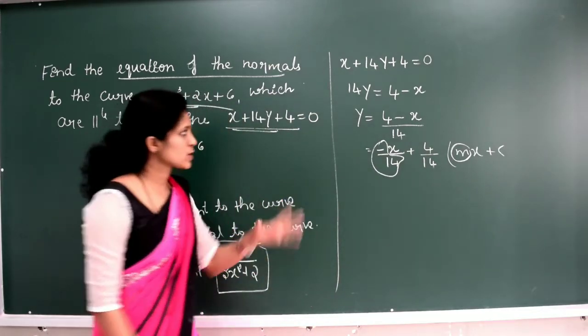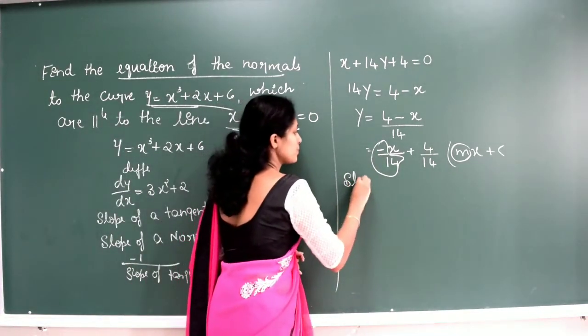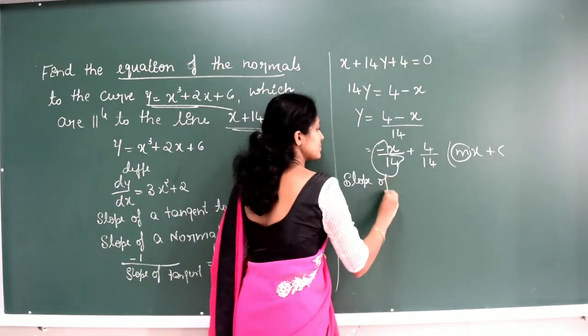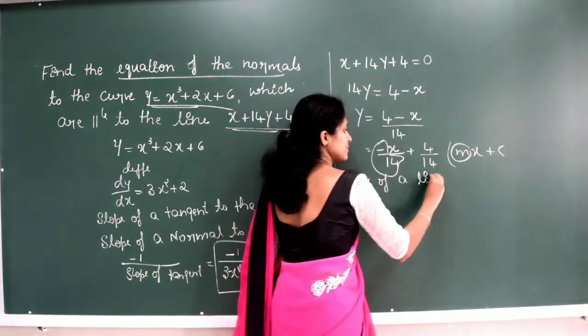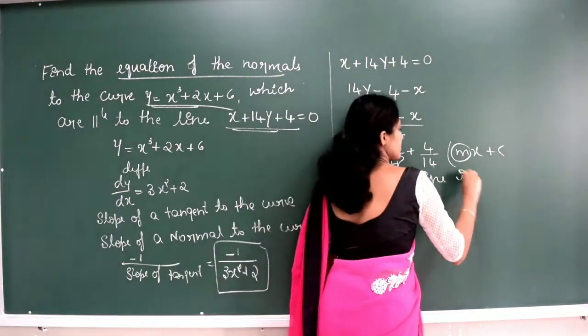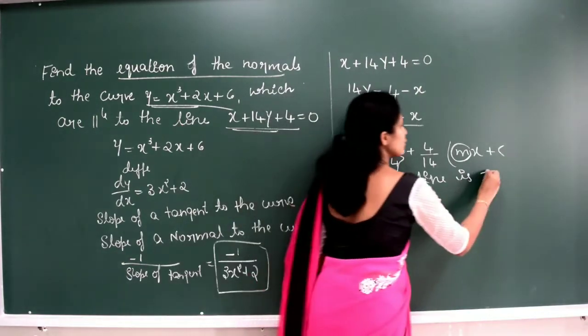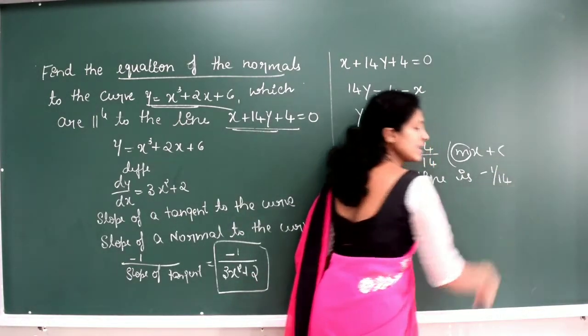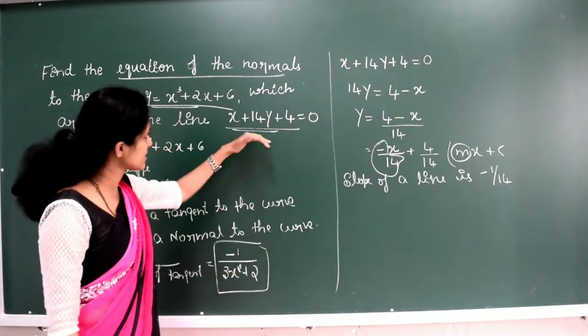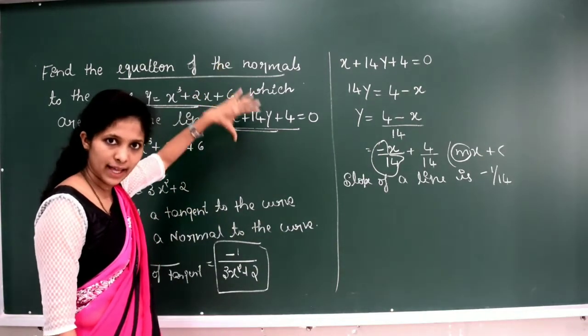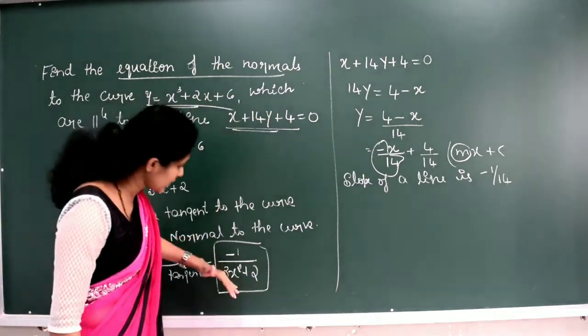Is it clear? So the slope of this line is minus 1 by 14. Since this line and this normal are parallel, the slopes should be equal. So we will equate these two.